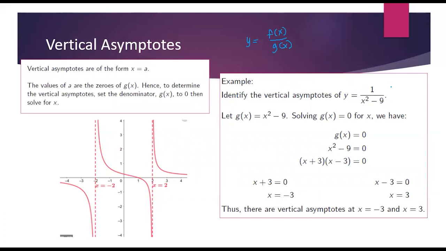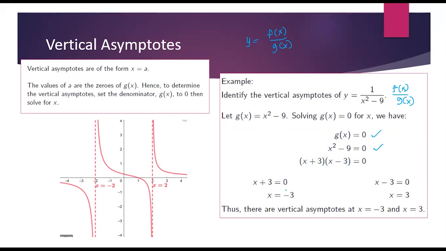This one is f of x over g of x. Your denominator here is x squared minus 9, and hence you consider this and get the zeros of this one. How? By equating g of x to 0. So g of x is equal to 0, then you have x squared minus 9 is equal to 0, and getting the factors, I have x plus 3 and the other factor is x minus 3.